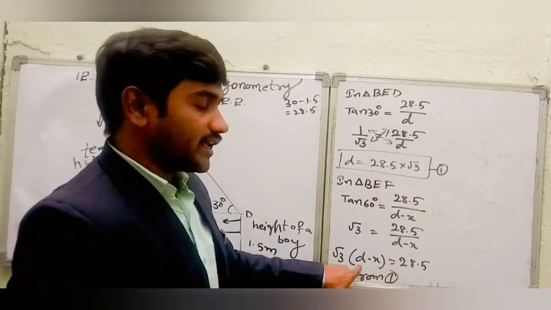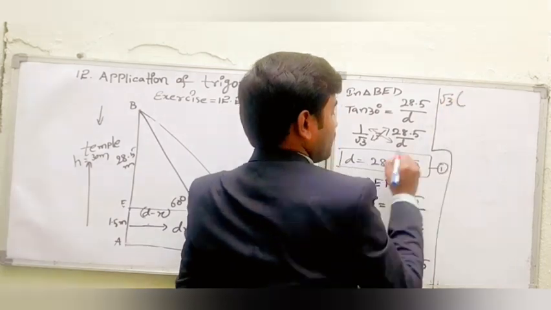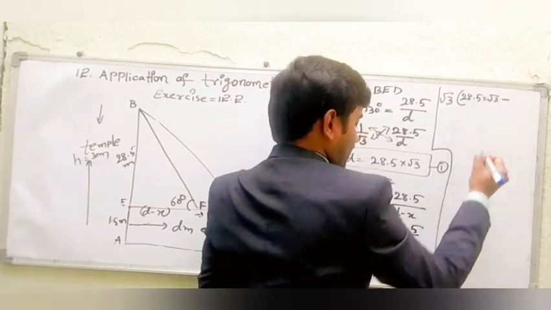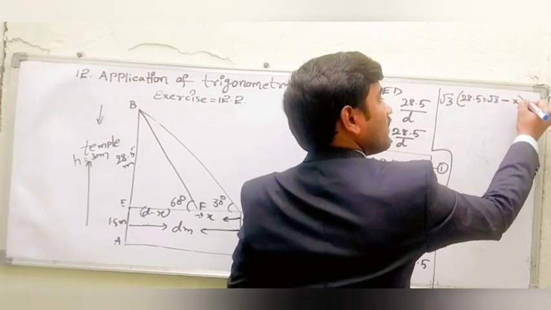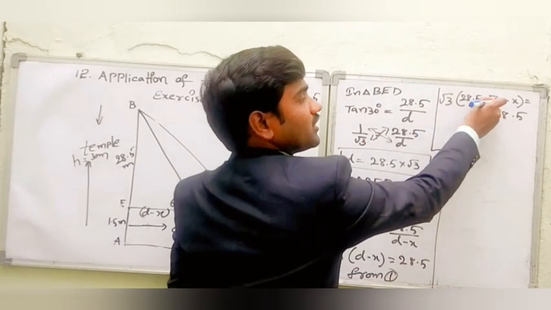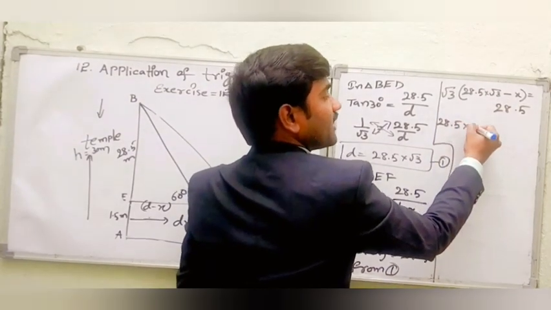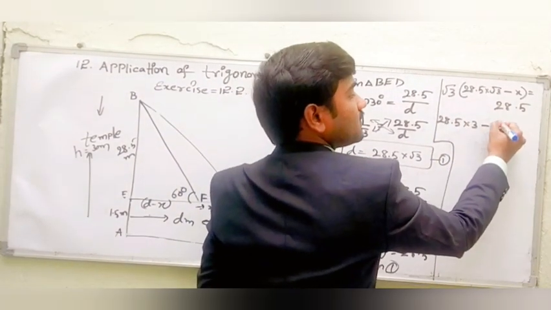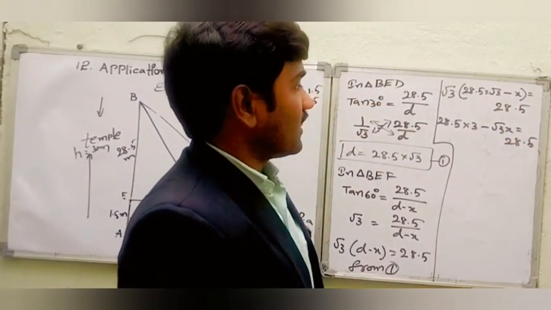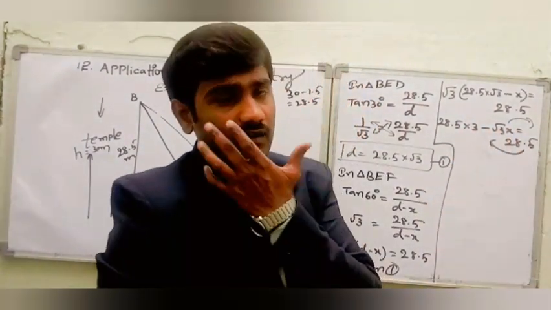D equal to 28.5 into root 3, so let us substitute here: root 3 into 28.5 into root 3 minus X equal to 28.5. Root 3 into root 3 will be 3 only. So 28.5 into 3 minus root 3 X equal to 28.5. Let us transfer this root 3X to this side and this 28.5 to the LHS.